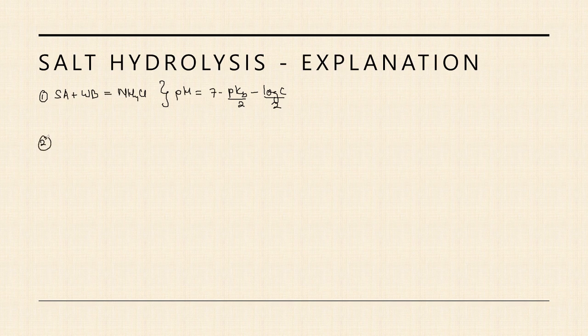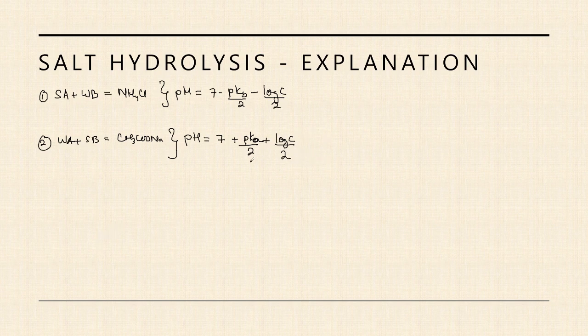If it is a weak acid plus a strong base like CH3COONa, in such a case the pH will be written as 7 plus pKa upon 2 plus log C upon 2.